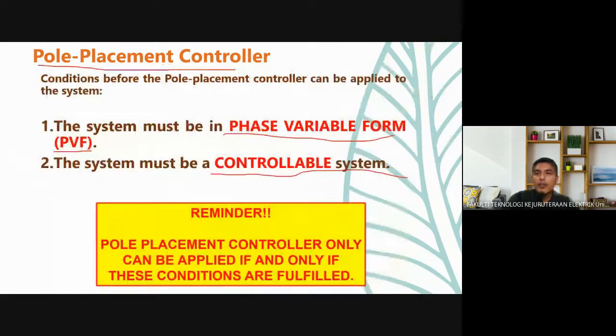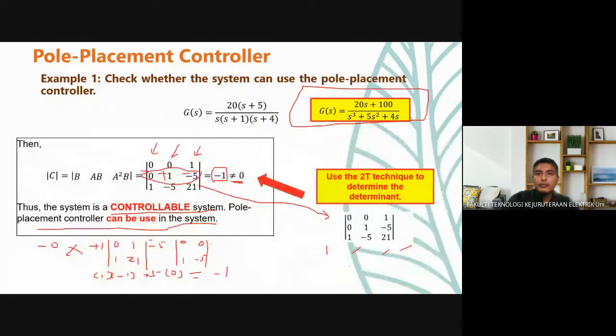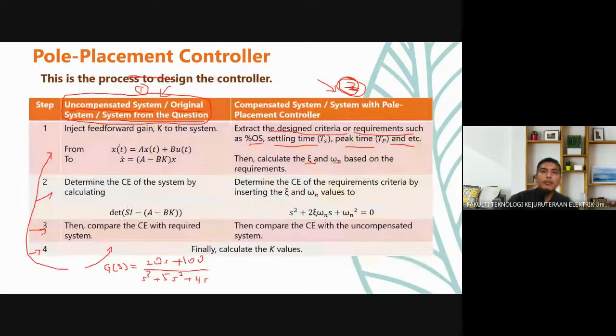So if we focus on this one, this is the original transfer function. Let's say the percentage overshoot is 20% when you simulate this.